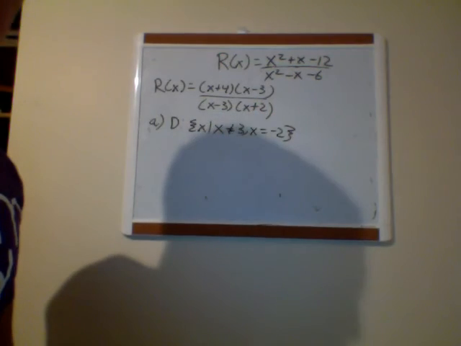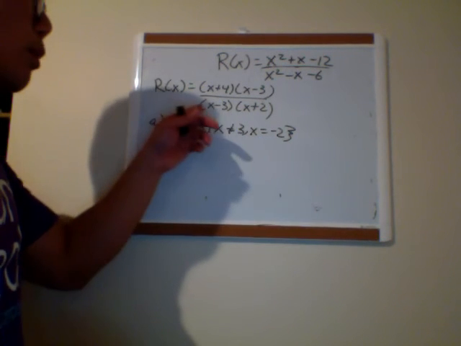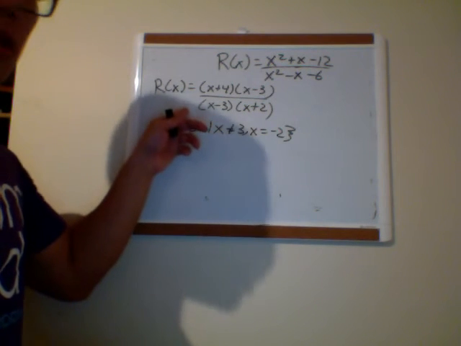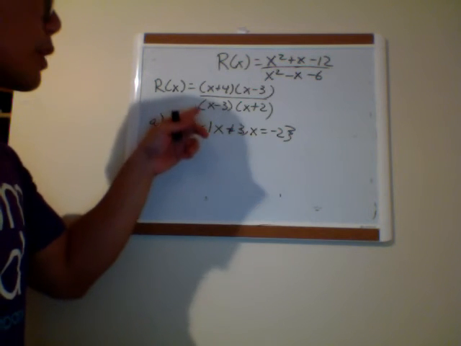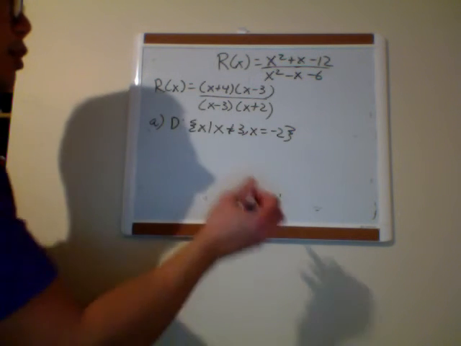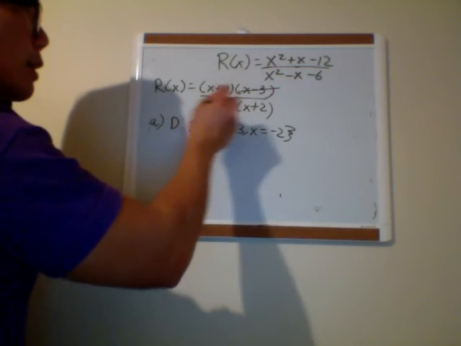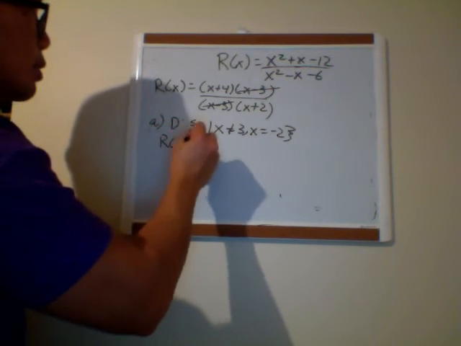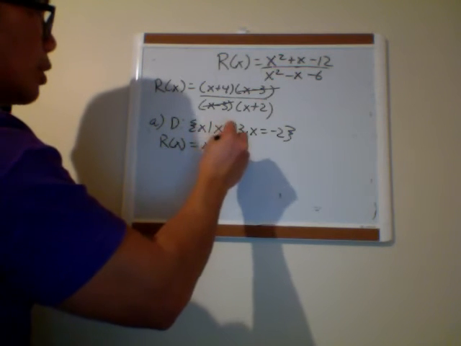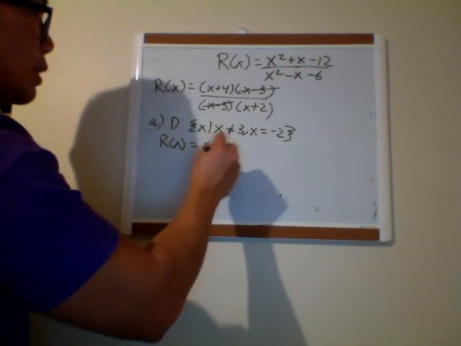Now remember here that the domain is from the original function. It's not the simplified version. So here what I could do is I could cross out x minus 3, and I'm left with r of x is equal to x plus 4 over x plus 2.